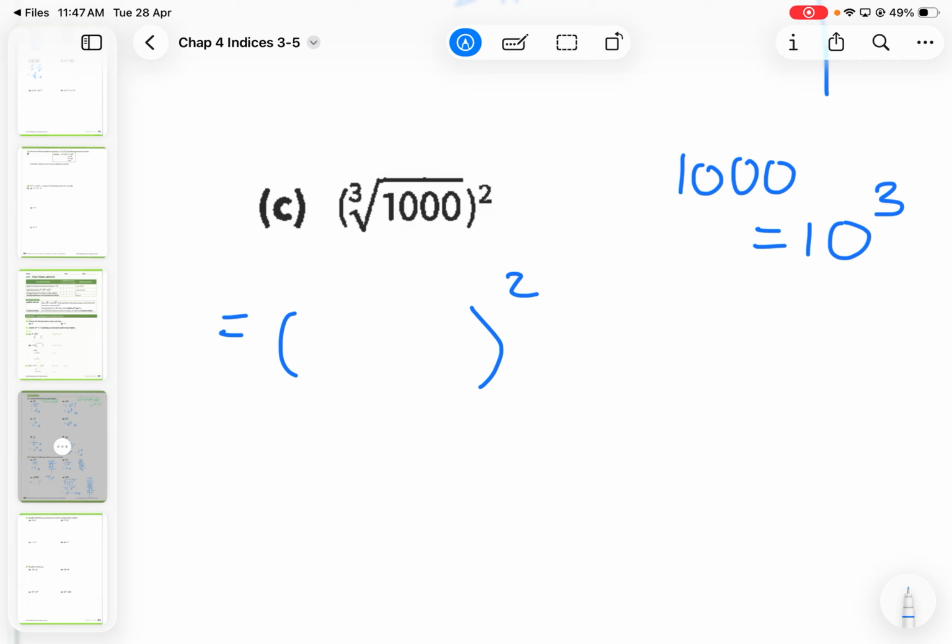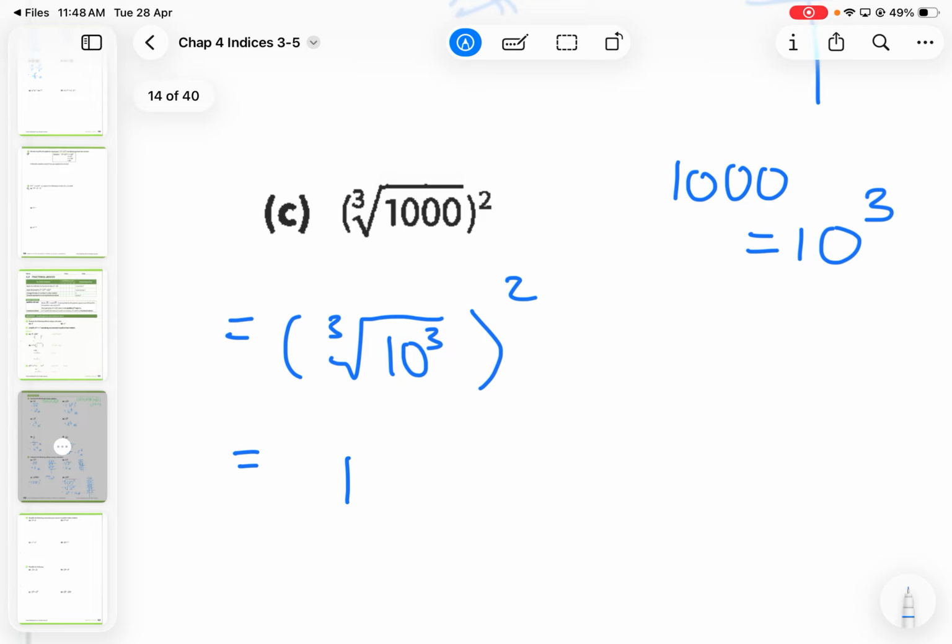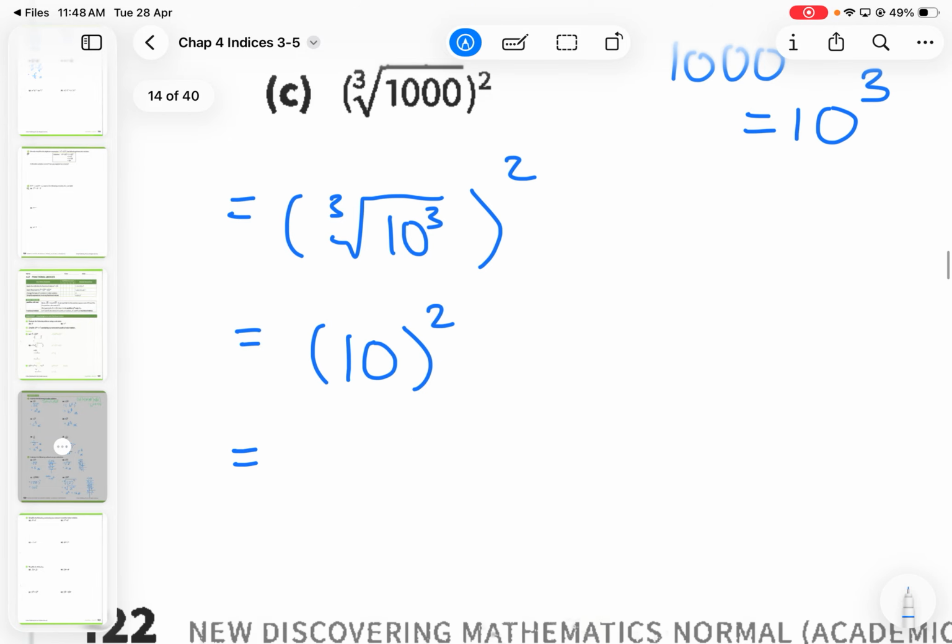But rather you follow. Just cube root of the 1000 means I want to cube root 10 to the power of 3. 1000 is 10 to the power of 3. So if I cube root 10 to the power of 3, I will get 3 divided by 3 become 1. So inside the bracket is just a 10. Then when I square a 10, I get 100.